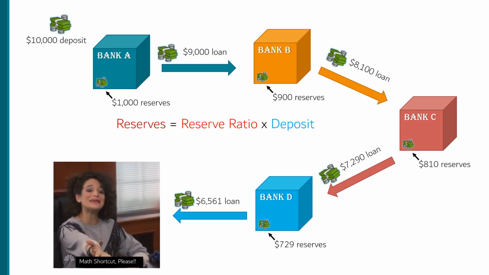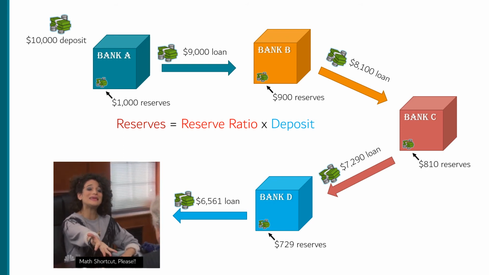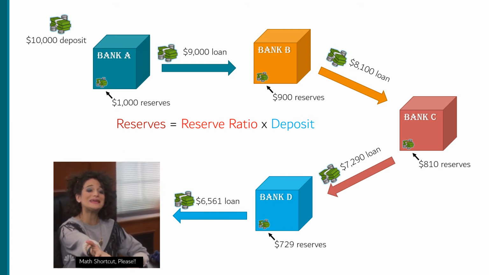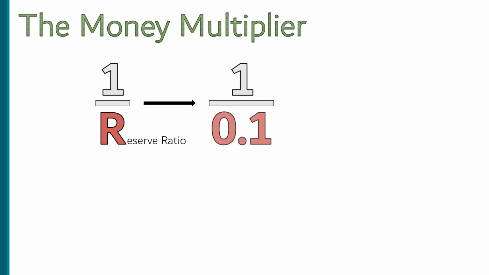But luckily, there's a little math shortcut that we can take to find out the grand total of how much money there will be. The Money Multiplier is 1 over R, which is the reserve ratio. If banks keep 10% of deposits in reserve, then R would be 0.1, which is the decimal form of 10%. 1 divided by 0.1 is equal to 10, which is our money multiplier.